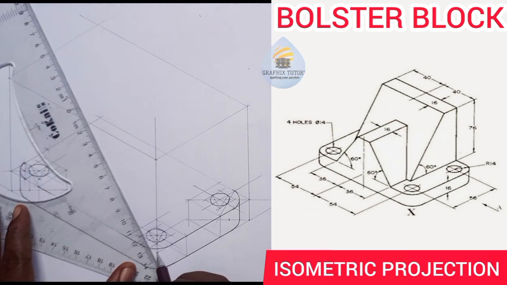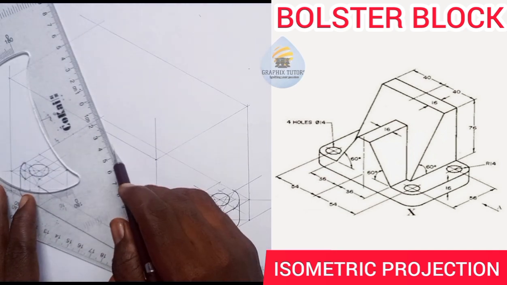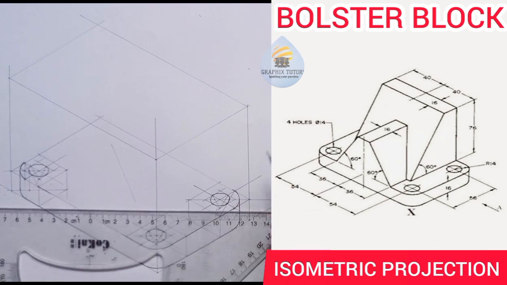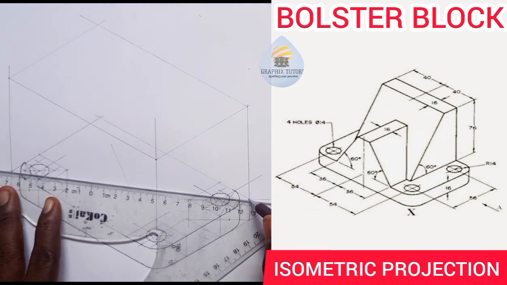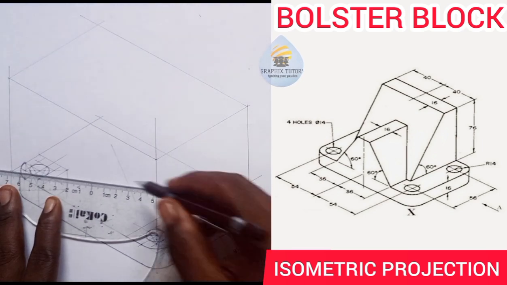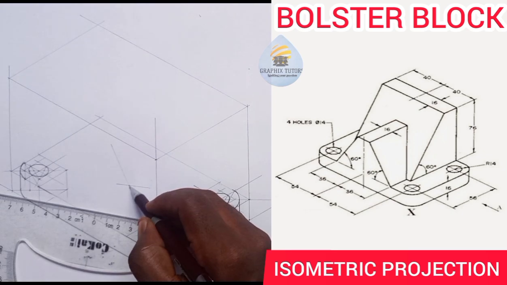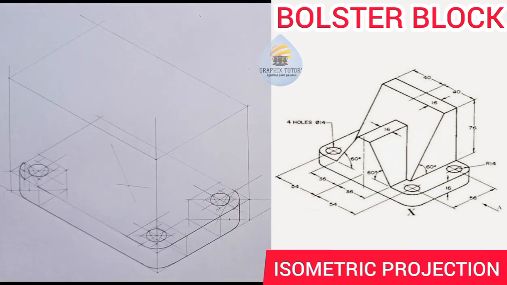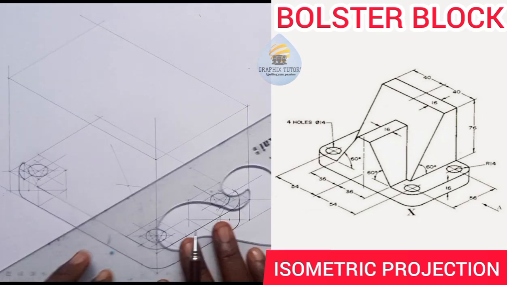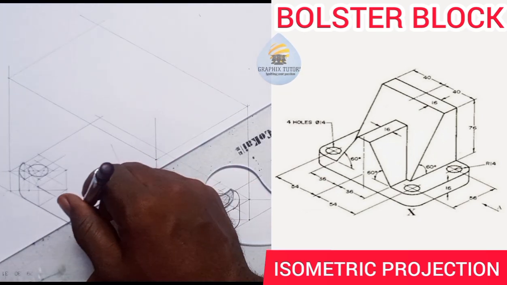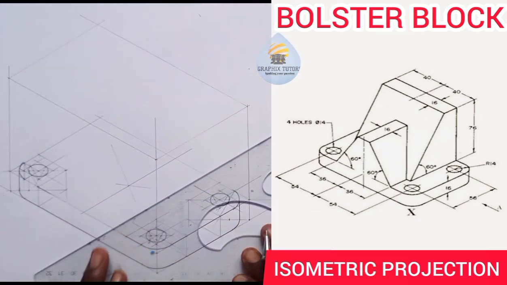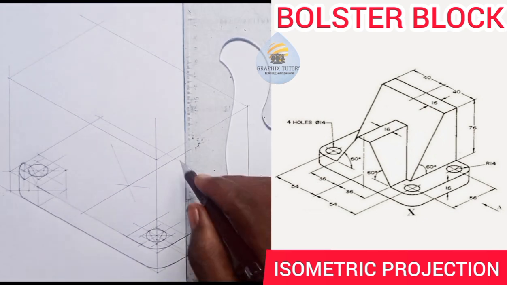From this end, we join the vertices this way, and I come to this end too. I join here this way. This way they are meeting, so that will be the center of that figure.